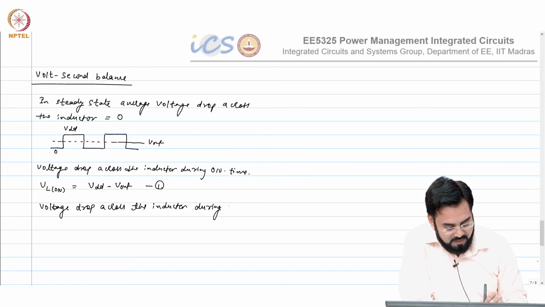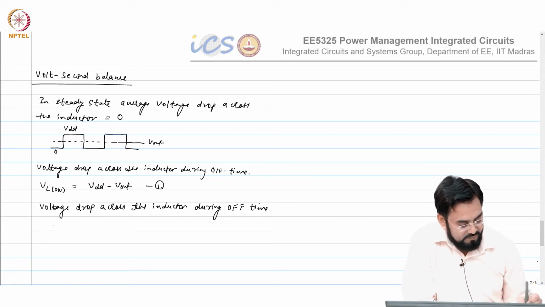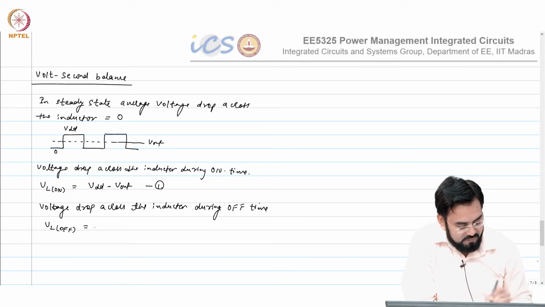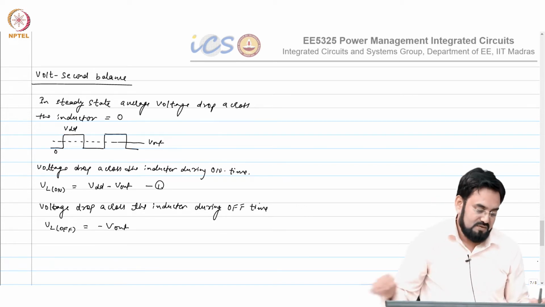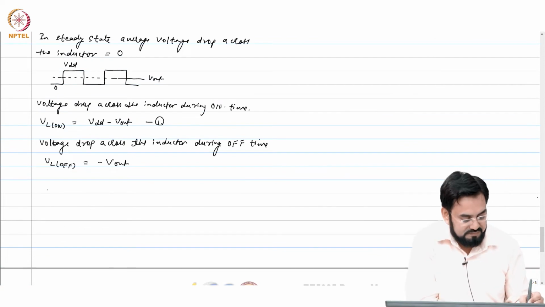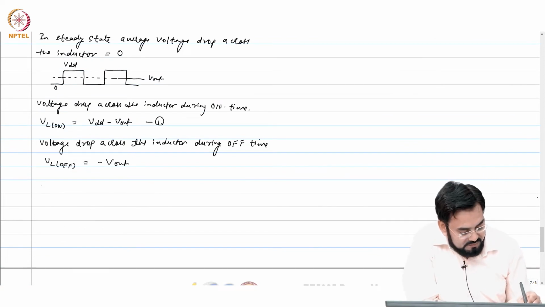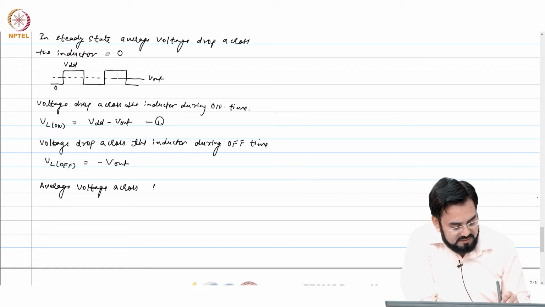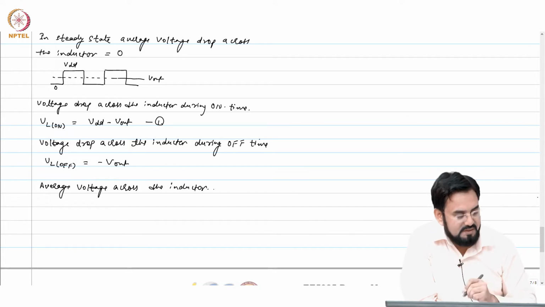During off time, it is minus V out. Average voltage across the inductor.